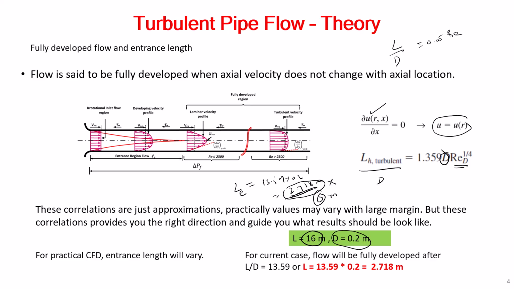So this becomes 18 meters. It means you should be careful about the pipe length when you increase the Reynolds number, because the entrance length can be very high when the flow has a high Reynolds number. The solution, which I will show in the coming sections, is that you can reduce the pipe length by applying the same velocity profile through a UDF, an expression, or a profile file.